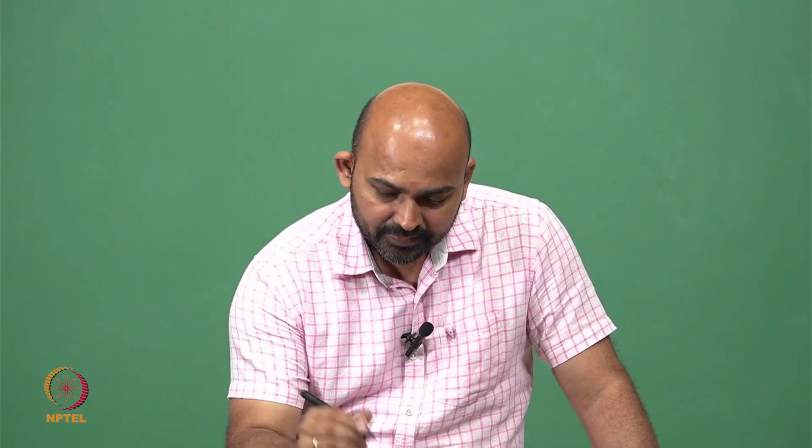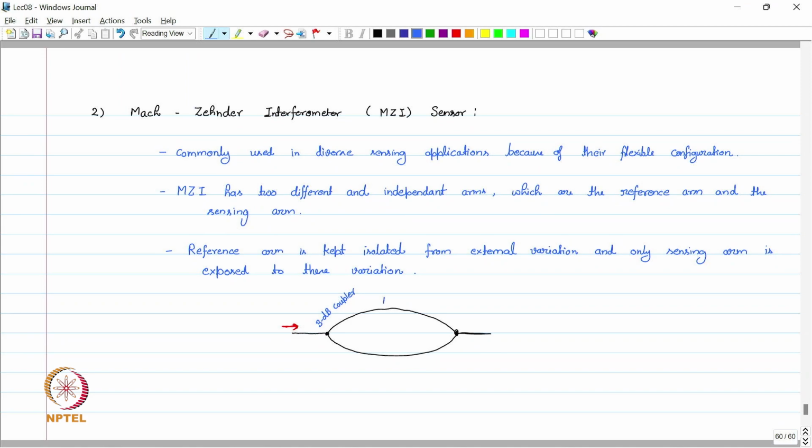So this is the reference arm, which we keep isolated, and this is the sensing arm. The wave is traveling here as well as here, and here we apply the measurand.